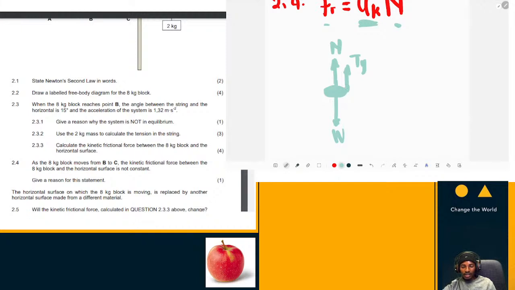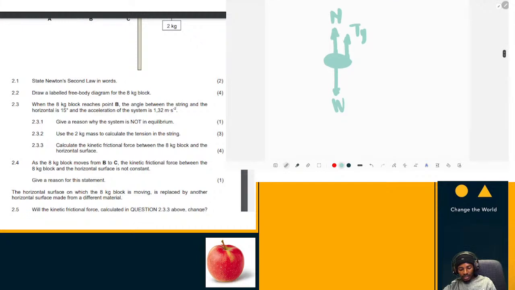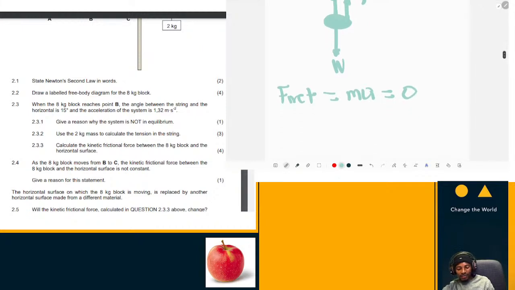Those are the forces acting in the negative and positive Y direction. In this direction there is no acceleration, therefore F net will be equal to ma, equal to 0, because acceleration is 0.